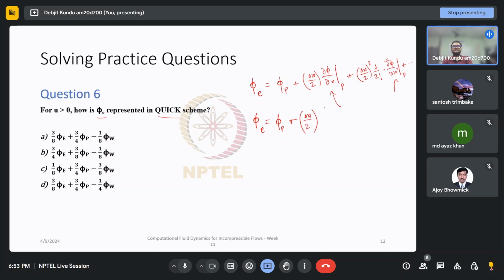Now dou phi dou x, we can write it as dou phi dou x at p. Just draw the template here. So this is at p, and we have u greater than 0 in this direction.